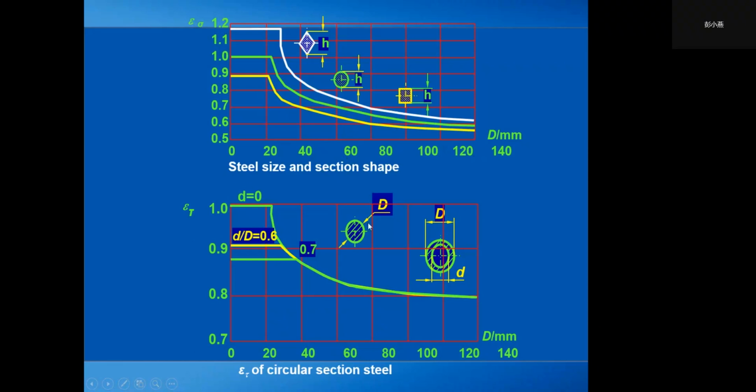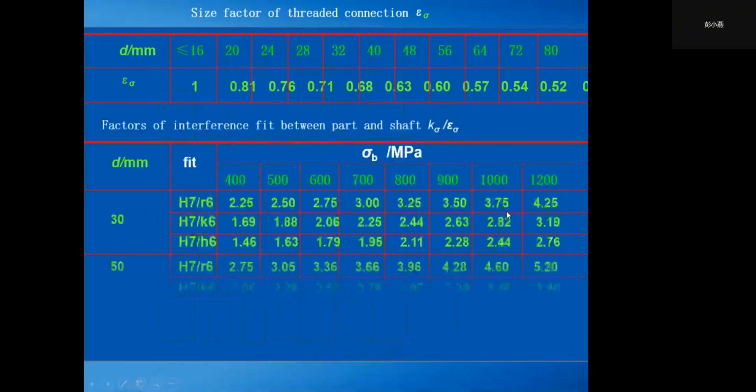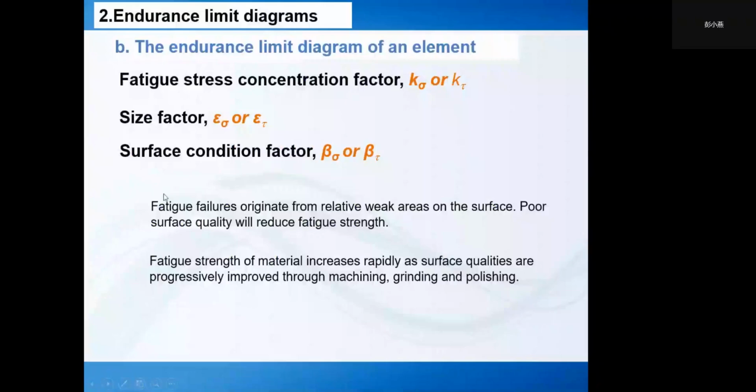Okay. And the third factor is the surface condition factor, beta sigma or beta tau. Vertical failures originate from relatively weak areas on the surface. Poor surface quality will reduce vertical strength.